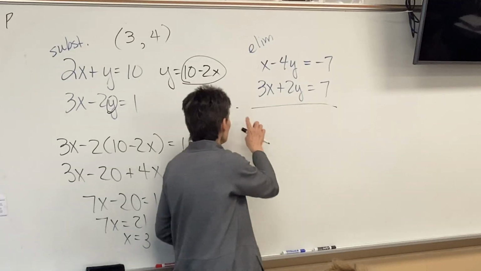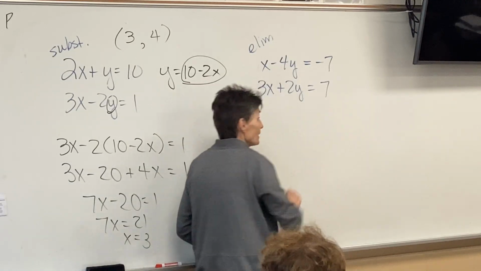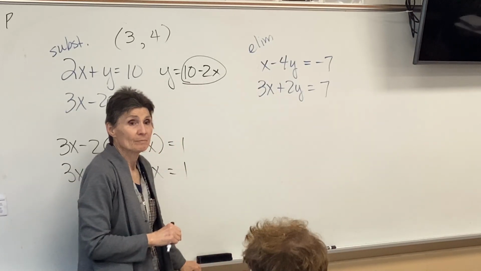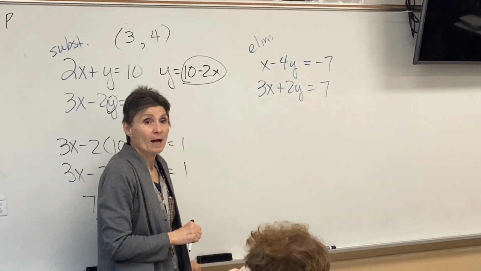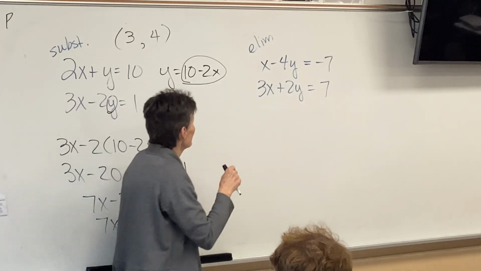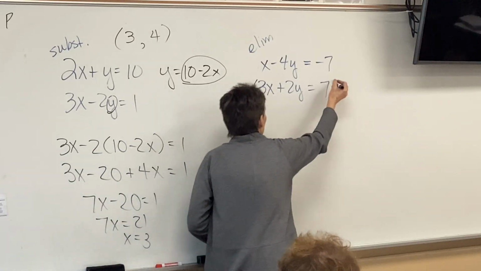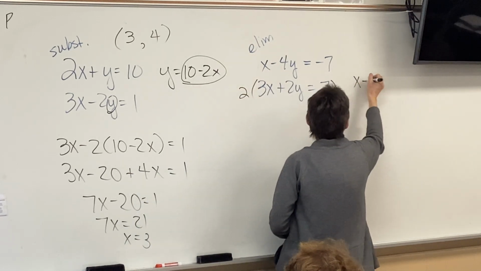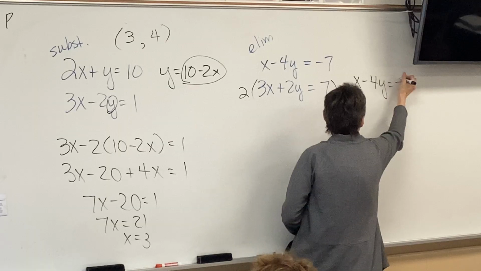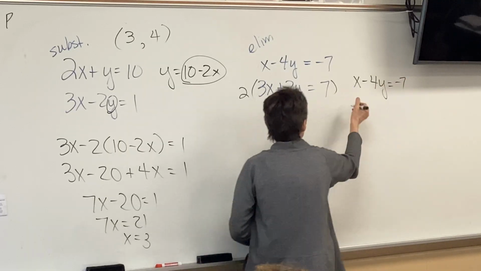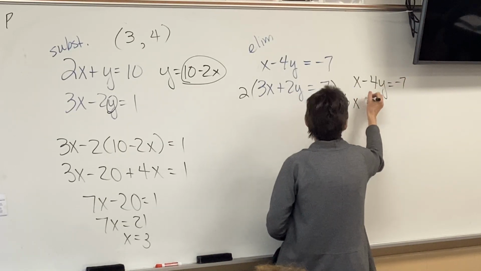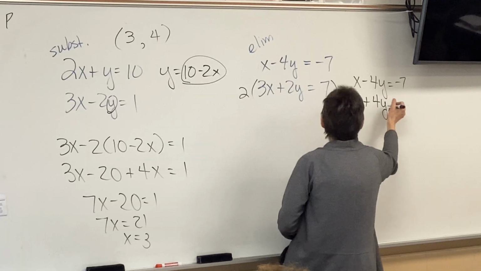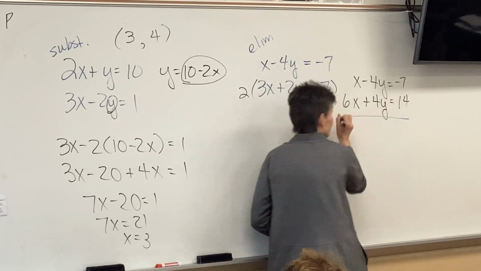So that is not going to happen right now. What can I do to make it happen? Times what? 2. The bottom by 2. If I multiply the bottom row by 2, okay, so my top row is this, and my bottom row will now be 6x plus 4y equals 14.